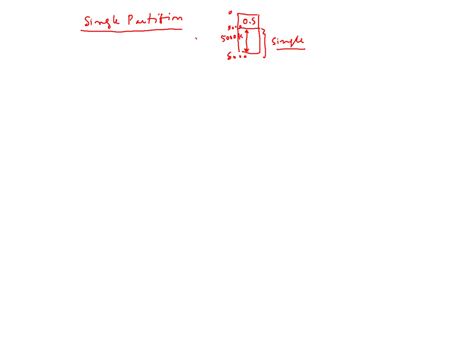Now suppose one process has come here, and it is only 1000 K long. What will happen is that a portion of the memory is allocated to it while the remaining portion is wasted.